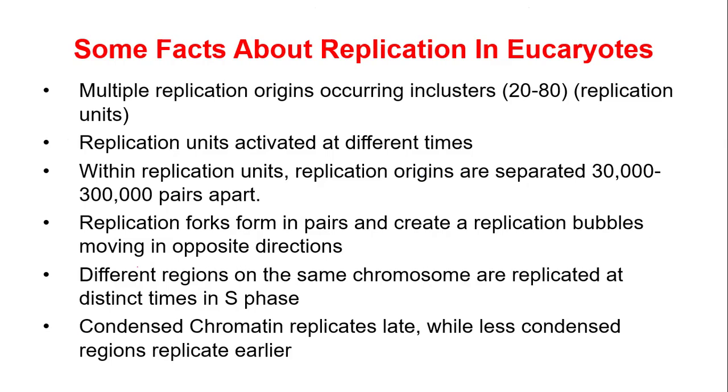Replication forks form in pairs and create a replication bubble, which we have just passed. Then different origins on the same chromosome are replicated at different times in S phase. Condensed chromatin replicates late, while less condensed chromatin replicates earlier.